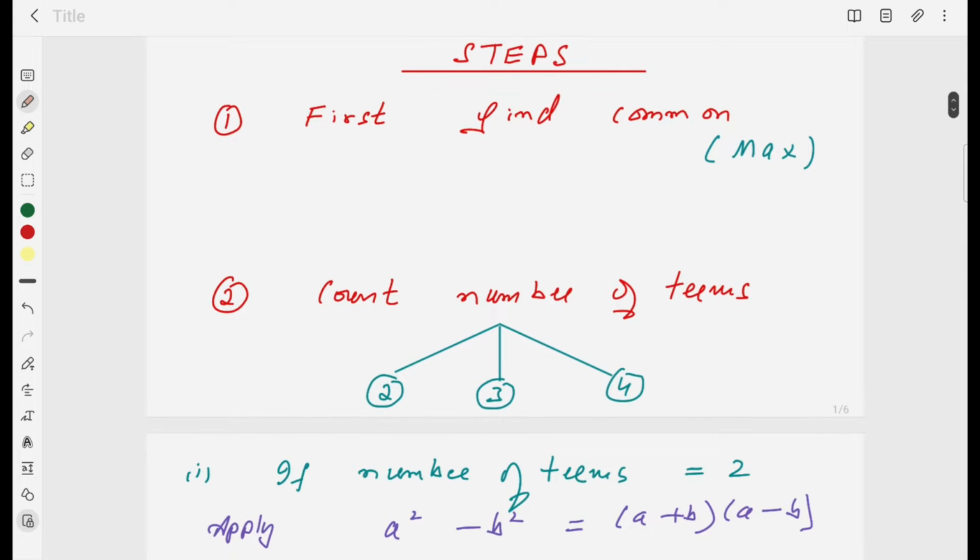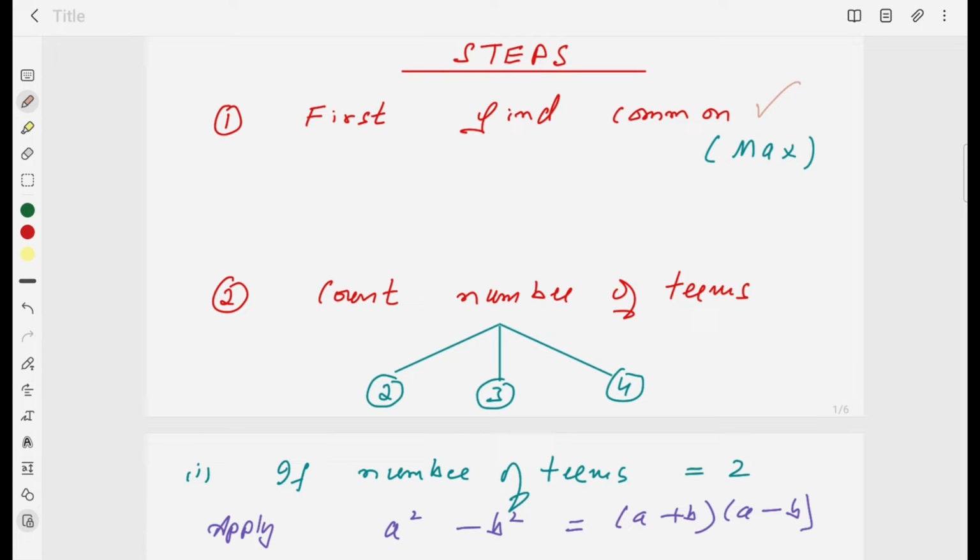First of all, you have to take common. Always take maximum thing which is possible as common. And after taking common, or if suppose common is not there, then you will count number of terms.